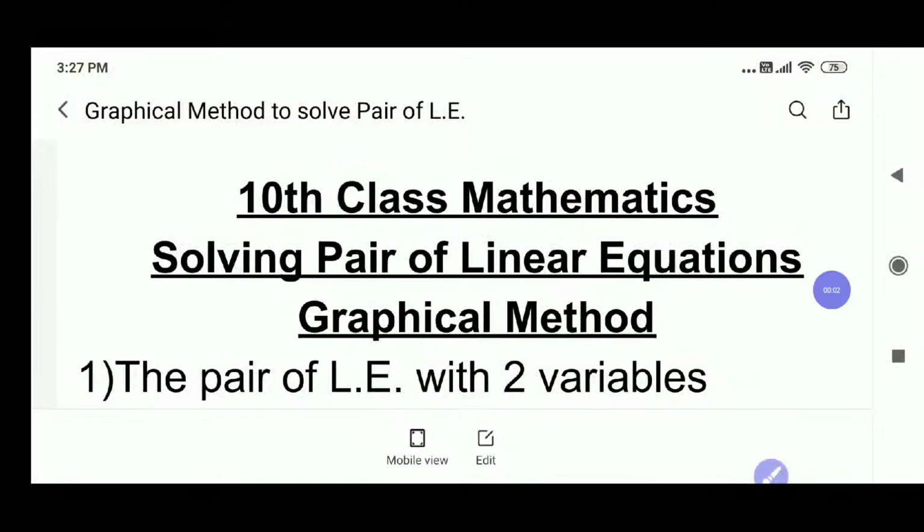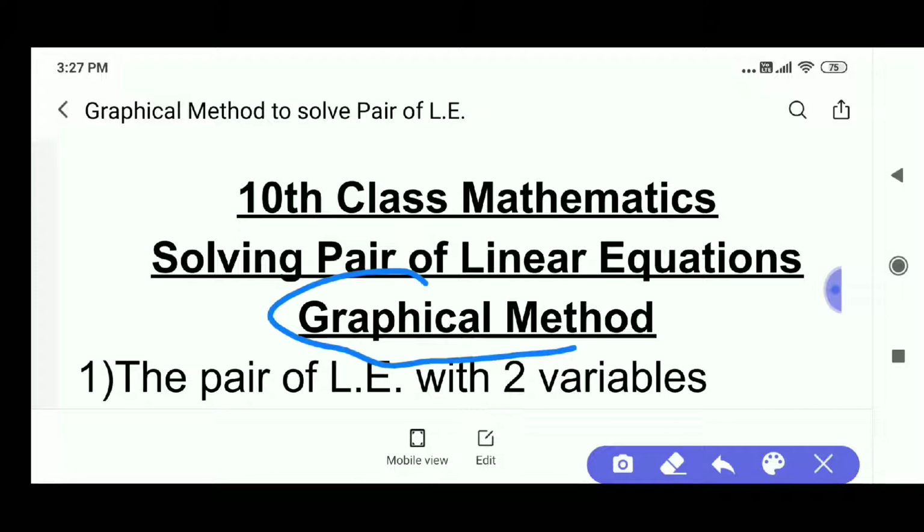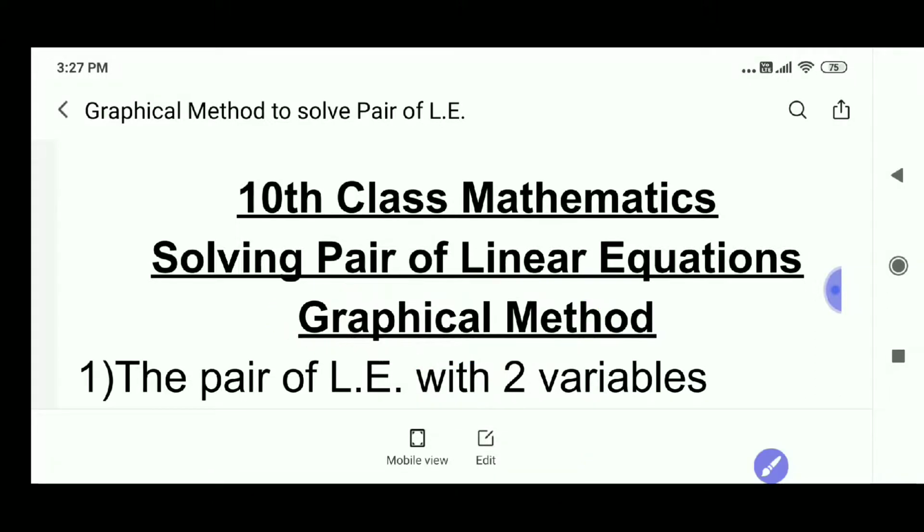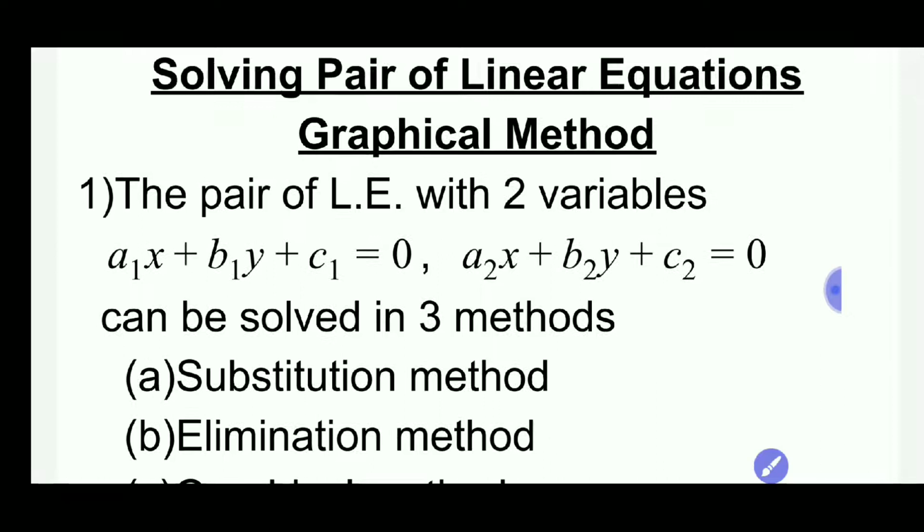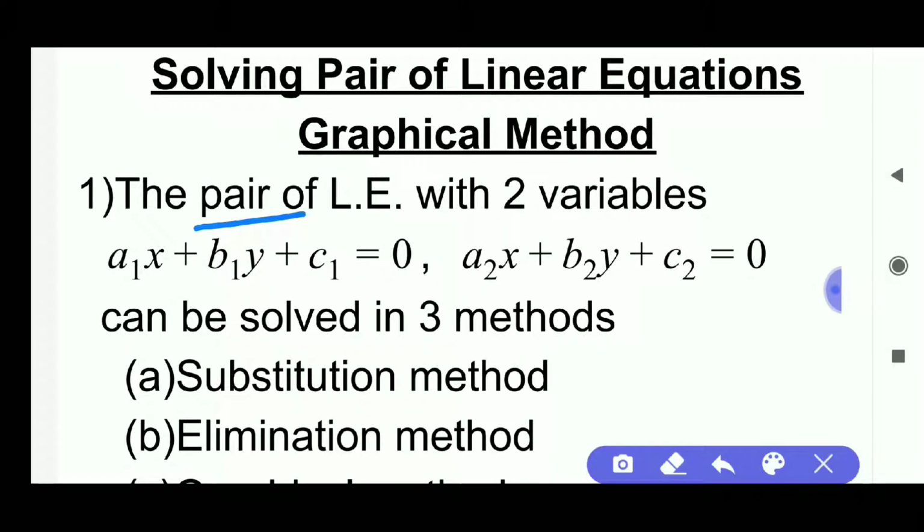Dear 10th class students, in this session we learn the graphical method to solve a pair of linear equations. You know that pair means two. The linear equations are a1x plus b1y plus c1 is equal to 0 and a2x plus b2y plus c2 is equal to 0.